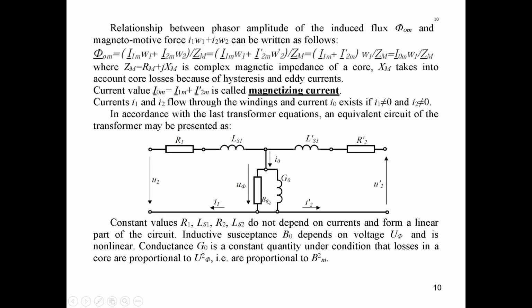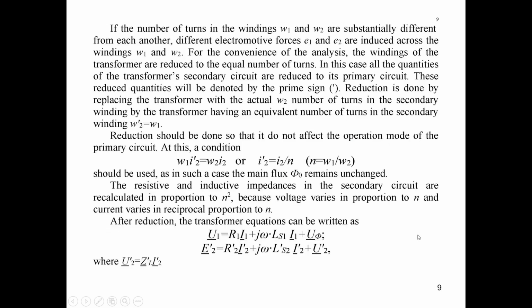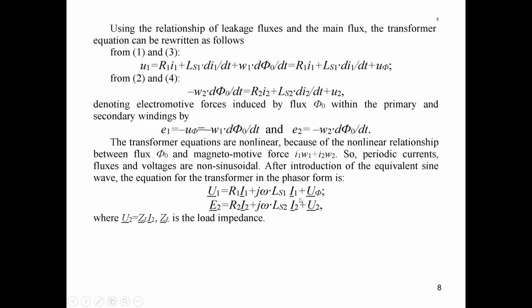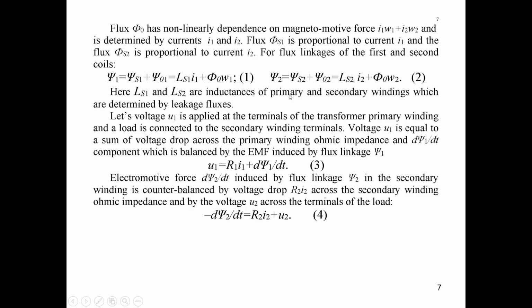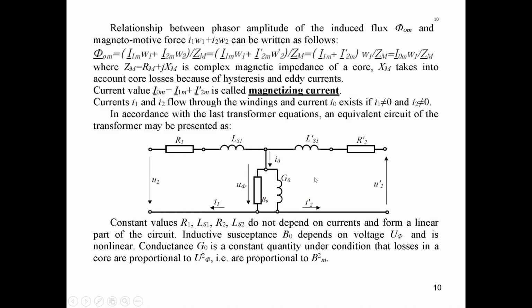So we have here B0, this susceptibility B0 depends on voltage UF. This voltage UF is connected with the presence of hysteresis loops and with active losses due to this hysteresis loop.